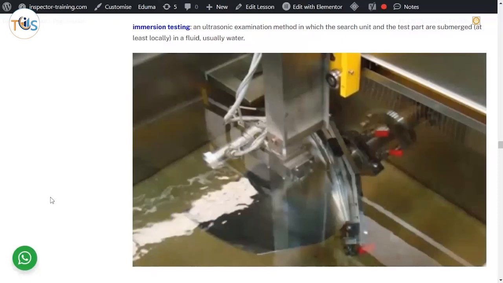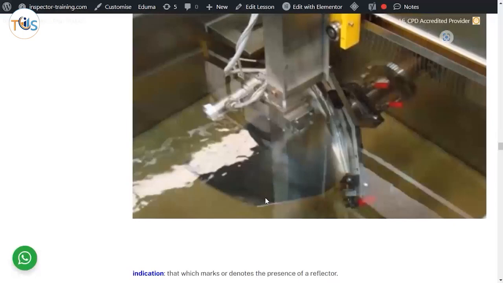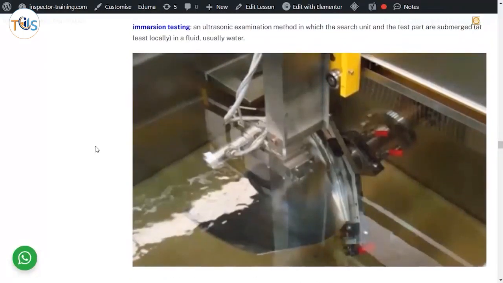So normally with the portable probes, we use 1 to 5 megahertz. And in immersion testing, you can do A scan, C scan. So practically the probe is in the water, and the water works as a couplant, and the object is placed there. Now it's going to give you an excellent C scan and B scan, but the disadvantage is it's not portable, it needs a lot of setup, and it's an expensive way of scanning.